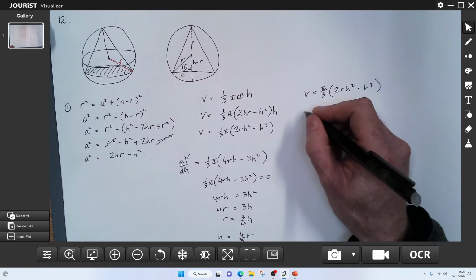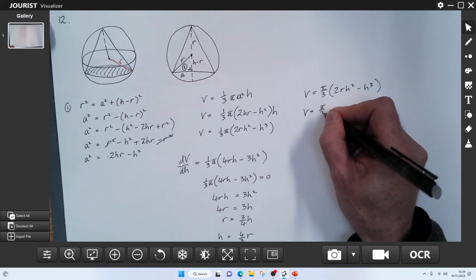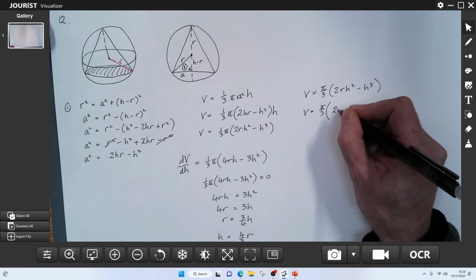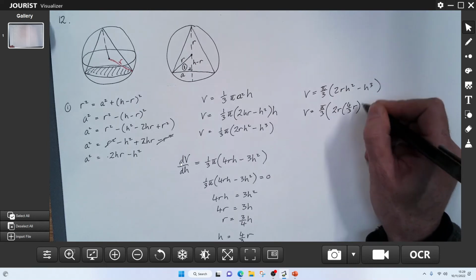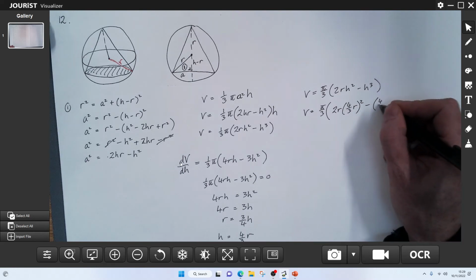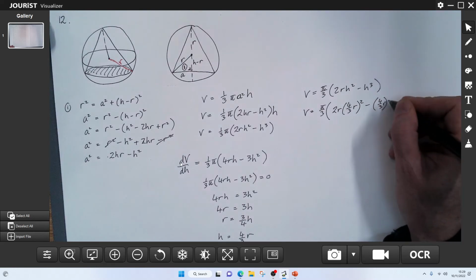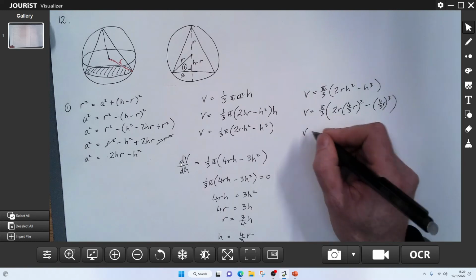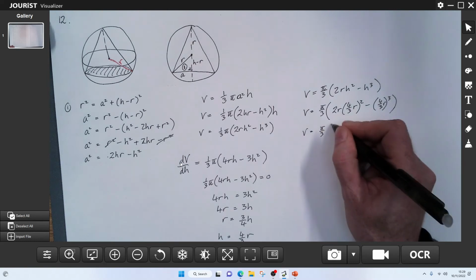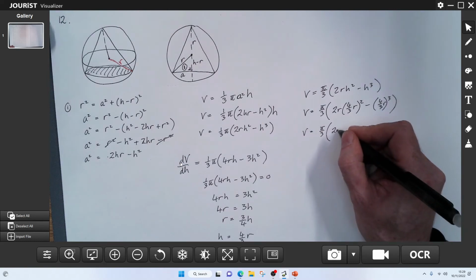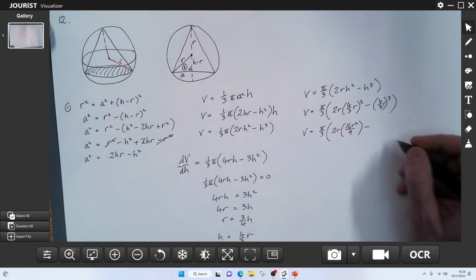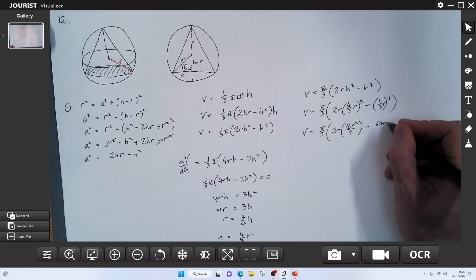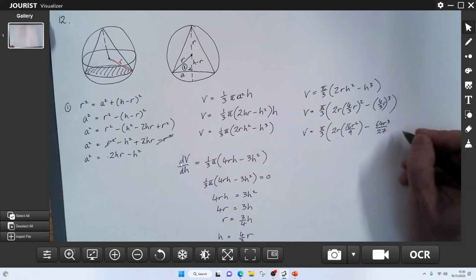So V equals pi over 3 times (2r times (4r over 3) squared minus (4r over 3) cubed). So V equals pi over 3 times (2r times 16r squared over 9 minus 64r cubed over 27).